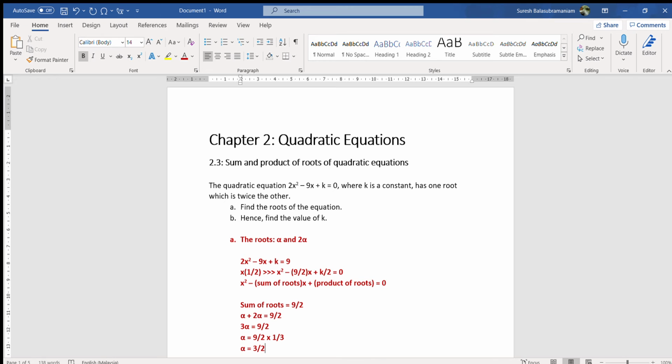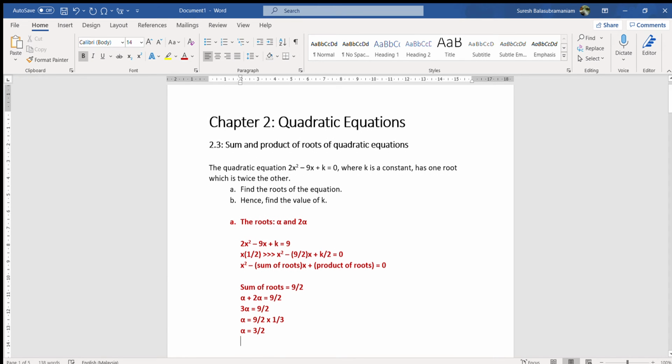Let's move on to find the second root. The first root is alpha, so the second root is 2 alpha. So I can just write 2 alpha equals 2 times 3 over 2, which is 3.